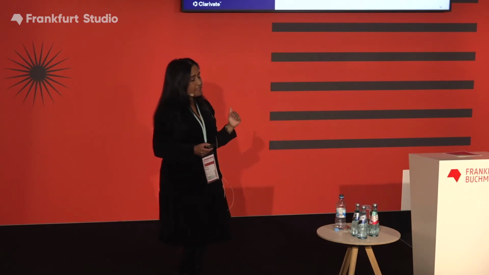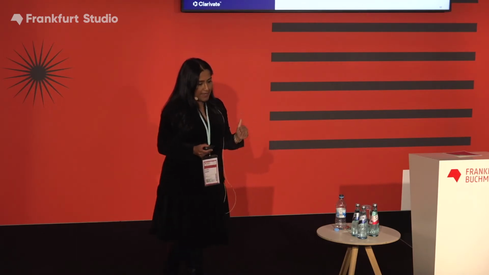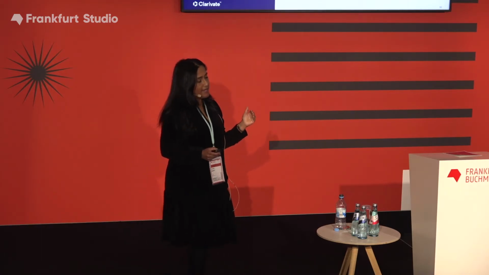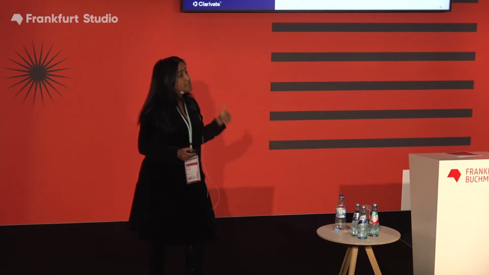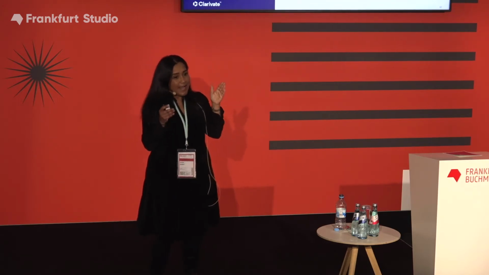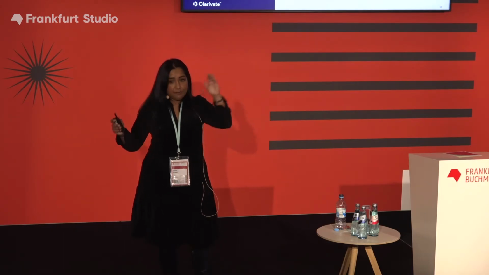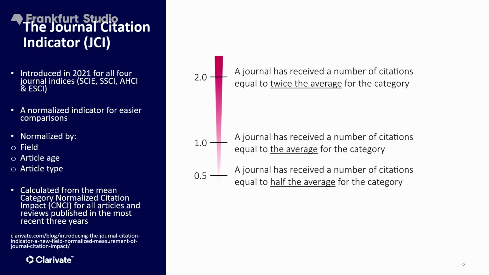If a journal has a JCI of 0.5, it has citation activity half of the average for that discipline. If it has a JCI of 2, it's double. And that normalization allows any user to look at the JCIs of journals in different fields and to compare journals in a way that's normalized and fair.